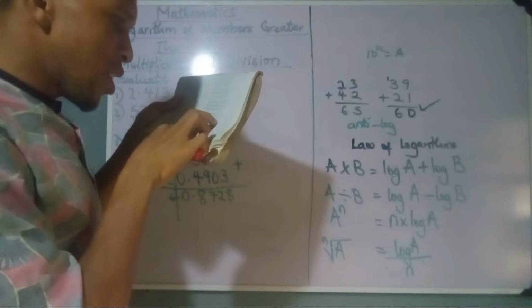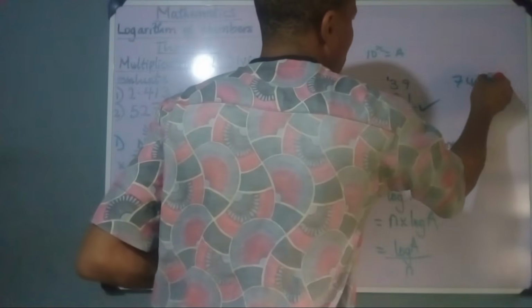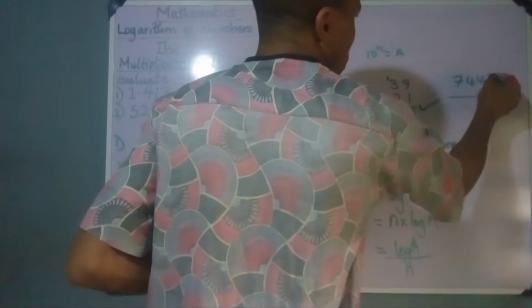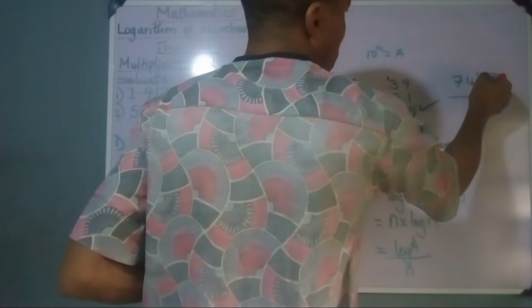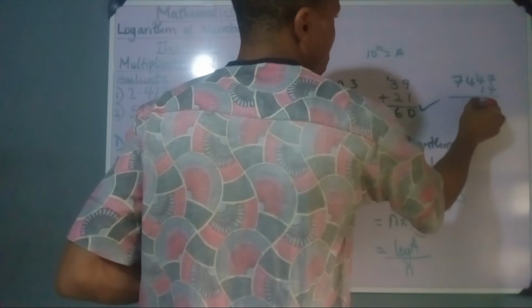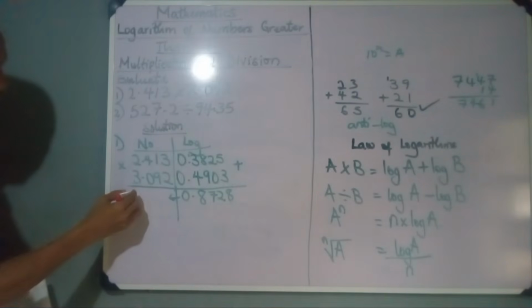Now difference 8 is 14. So that will be 7447 plus 14. That gives us 11, we write 1 carry over 1. 1 plus 4, 5 plus 1, 6. So that will be 7461.